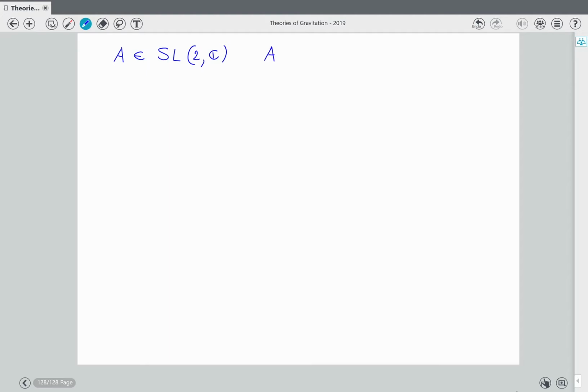So it has this form, can be written by means of the Pauli matrices and the identity, like this, where A, B are complex, and you can work out by the properties of the Pauli matrices the determinant should be 1.